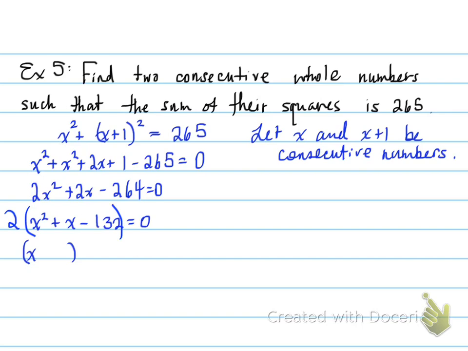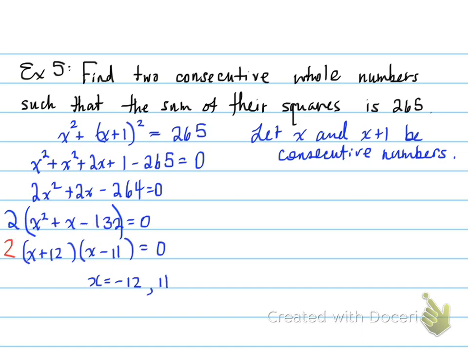That is, negative 132 is the product and 1 is the sum, which means that both numbers have to be very close to each other. That is, 12 times 11 gives us negative 132. So we have x plus 12 and x minus 11. That is, x equals negative 12 for this one and x equals 11.